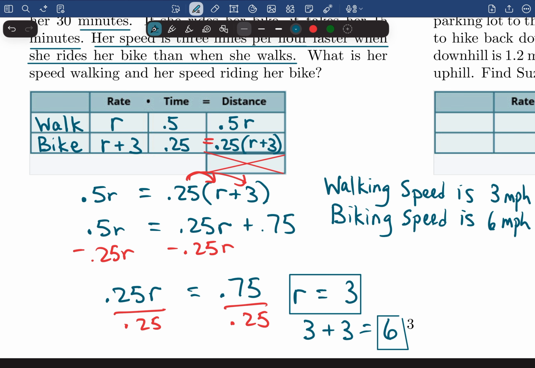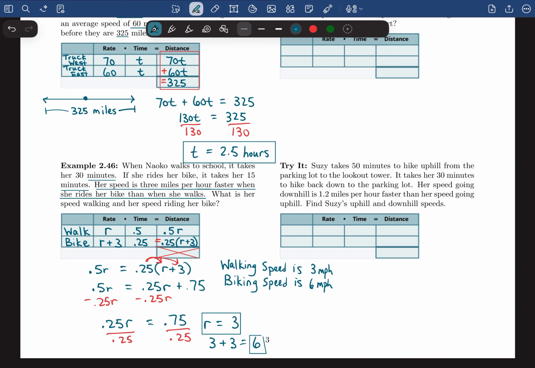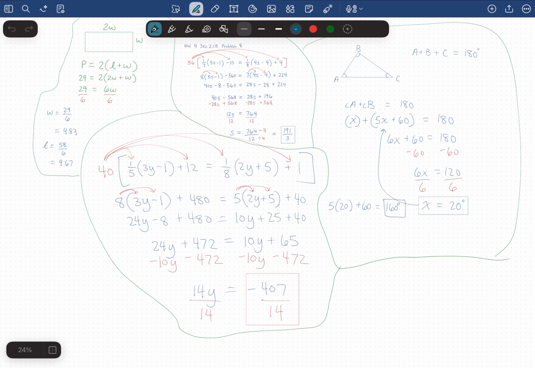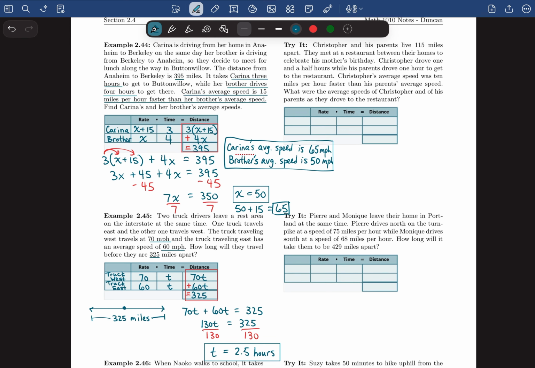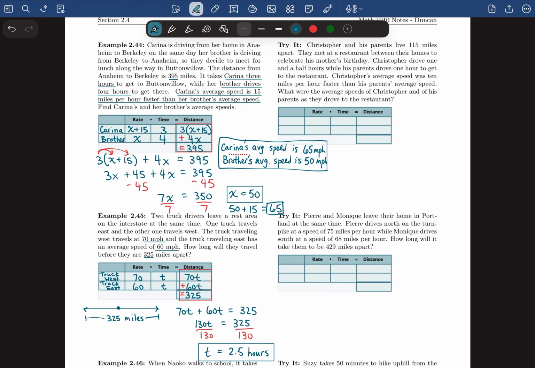Great. So we've just looked at a variety of uniform motion applications, and you did a great job following along with me. Thank you. This is the final lesson in preparation for our Chapter 1 and 2 tests.